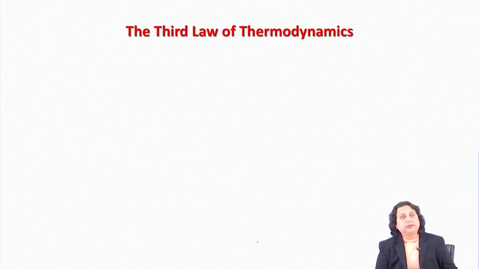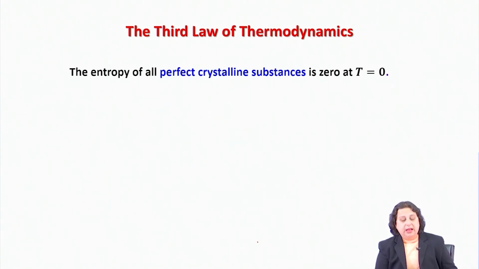From here, the third law of thermodynamics was formulated, including what we have discussed in the previous slide. It says the entropy of all perfect crystalline substances is 0 at T equal to 0.